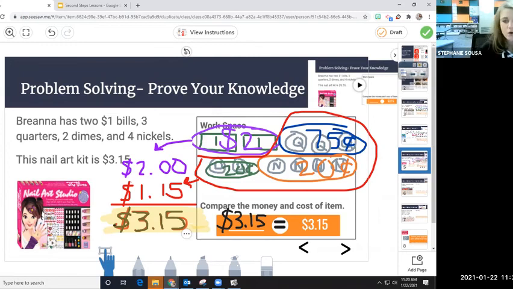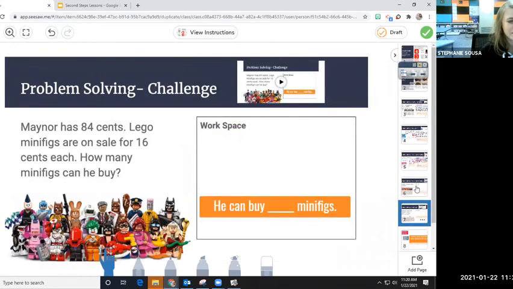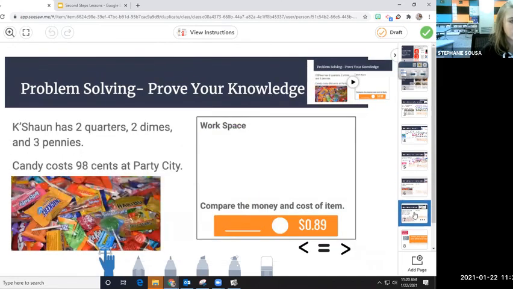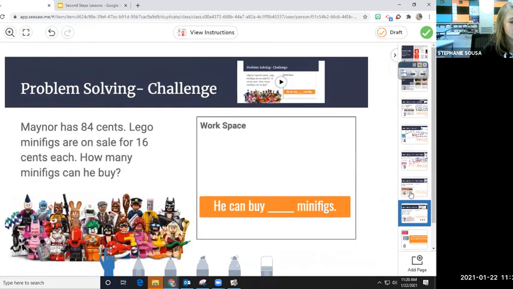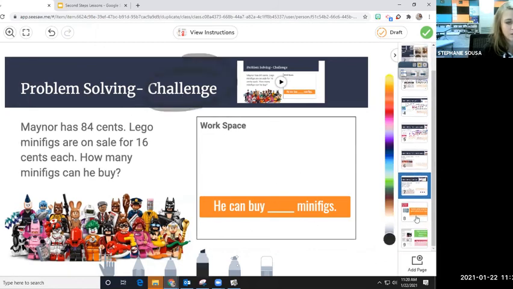You today are going to complete slide 6 and 7 as your independent work. Again, you'll draw the money, you will count the money, you will write the amount of comparison statement. On slide 7, you are trying to figure out how many of an object a student can buy, and that is a challenge for you, okay?